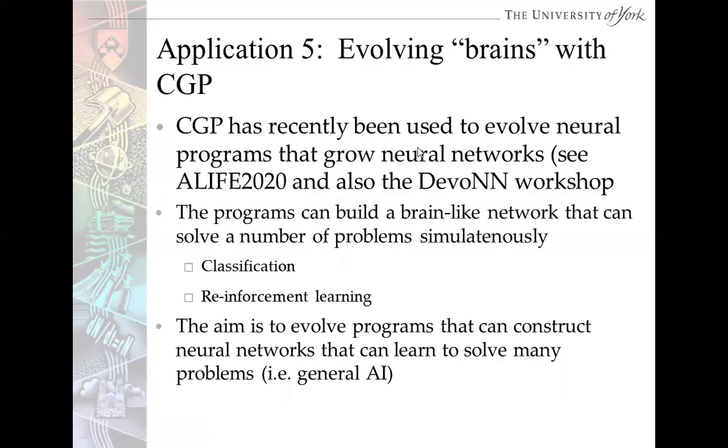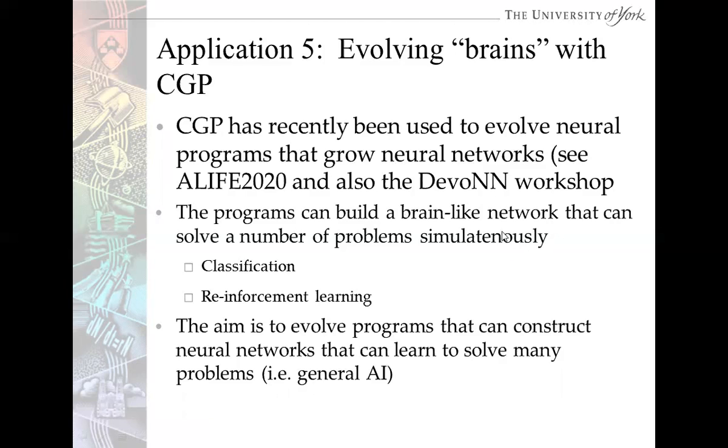So I am evolving neural networks, but I evolve a program inside a neuron, two programs actually, which when they run, they construct the network. And the interesting thing about this approach is you can build a brain-like network that can solve multiple problems simultaneously. Because I'm interested in general problem solving.